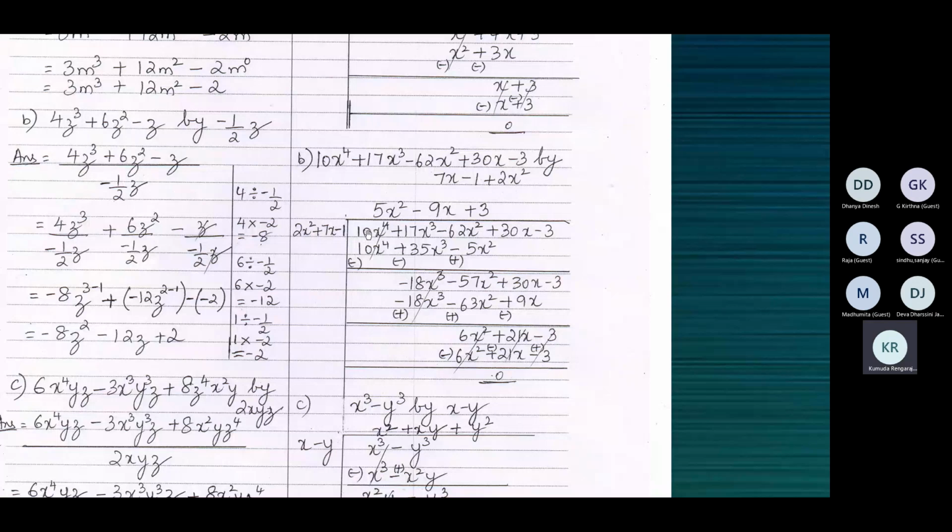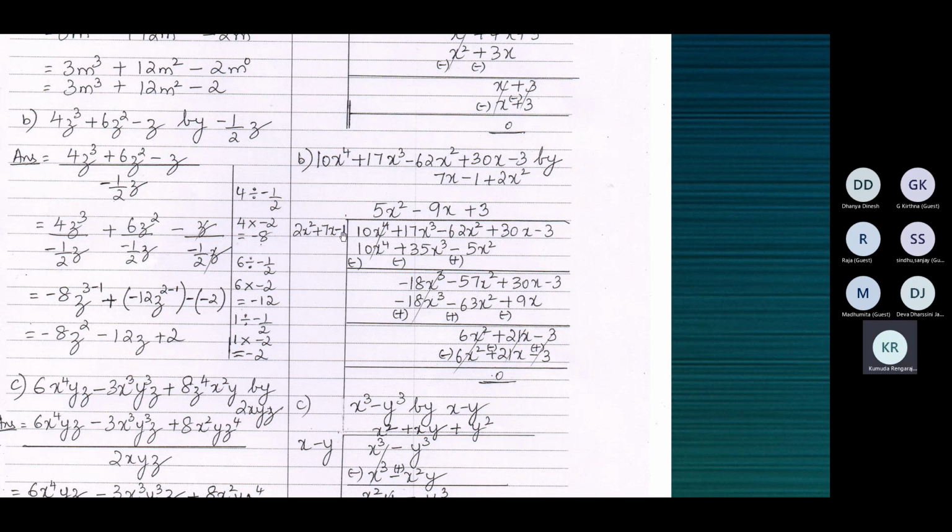So you have to place the dividend here like this, and the divisor here. You can see here 7x minus 1 plus 2x square. They're not arranged correctly. Write the x square term first: 2x square plus 7x minus 1.